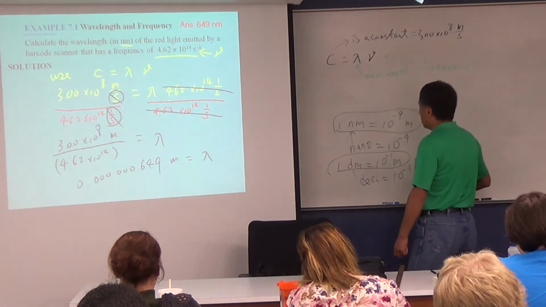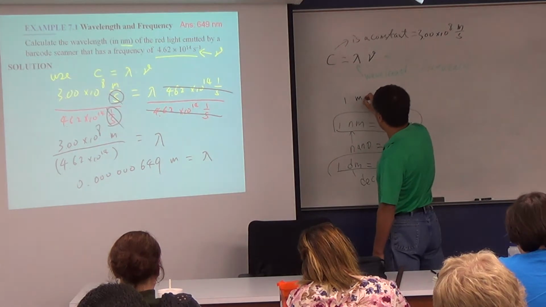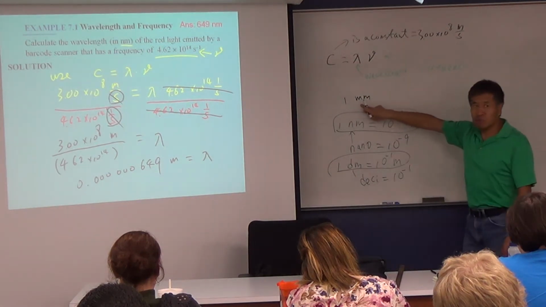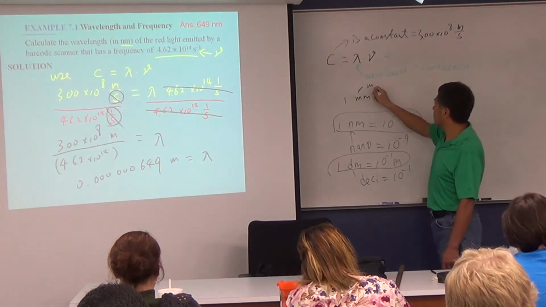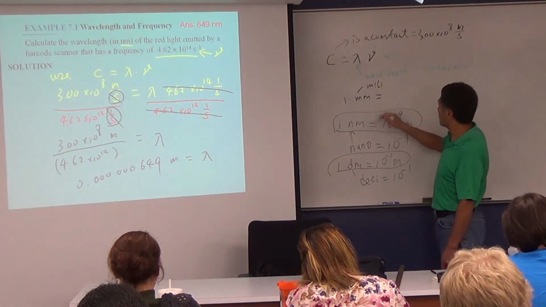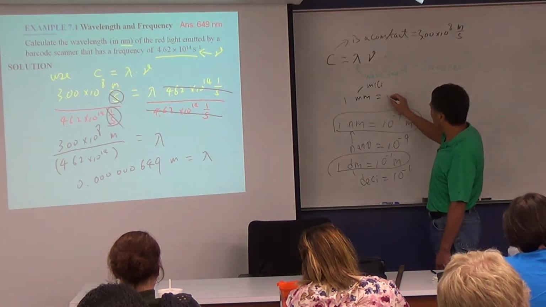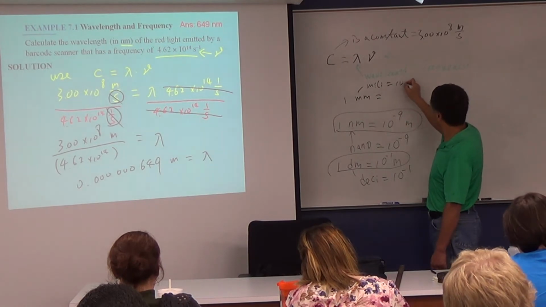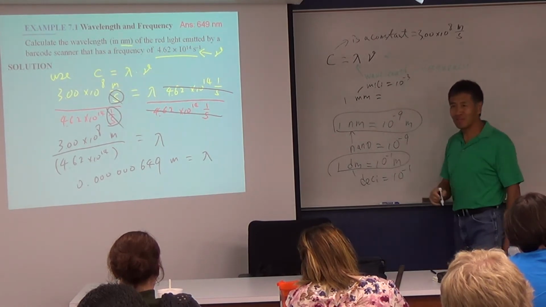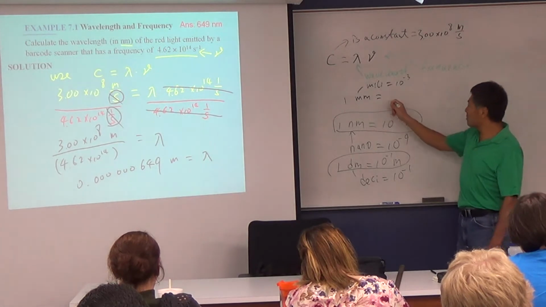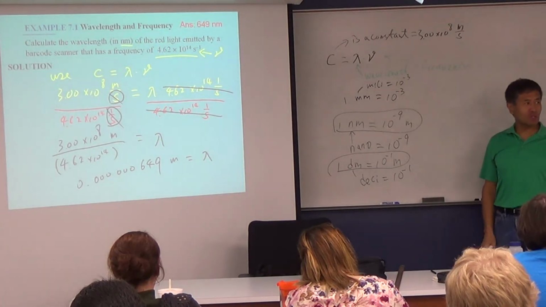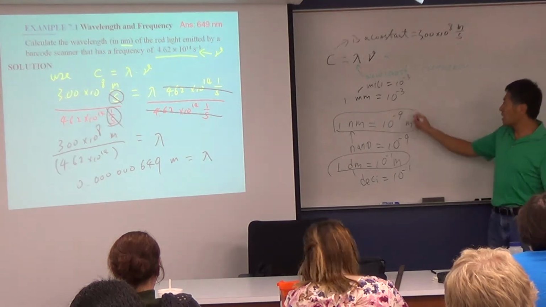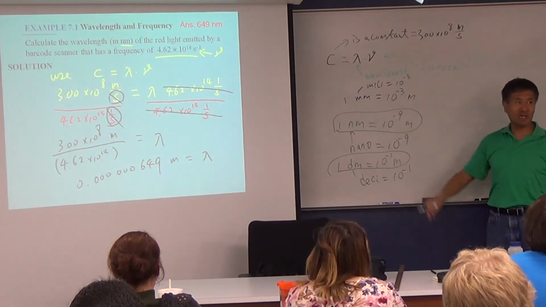Alright, if you have 1 mm, which means millimeter, this is milli. So milli means 10 to the negative 3, right? And you just replace milli by 10 to the negative 3, and you still have this m, so therefore you find out those.